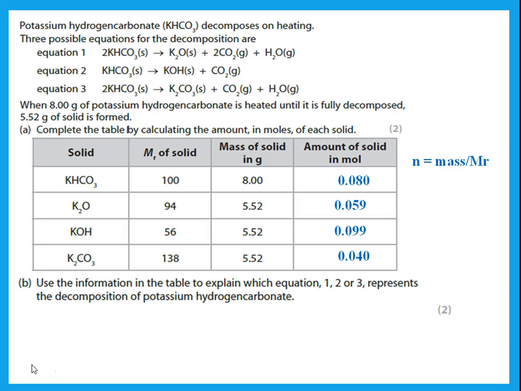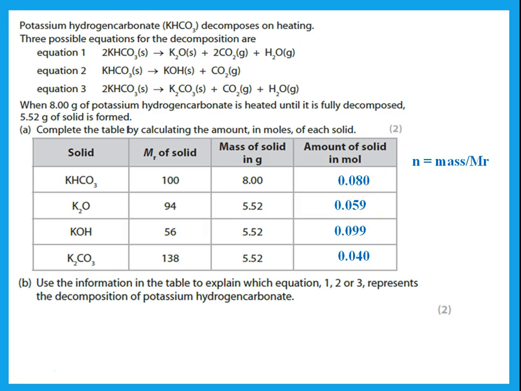And then I look at the equations. In equation 1, the number of moles of KHCO3 should be twice the K2O. So if the KHCO3 is 0.08, this should be twice the K2O, but actually it is not. The K2O is not half of the 0.08.